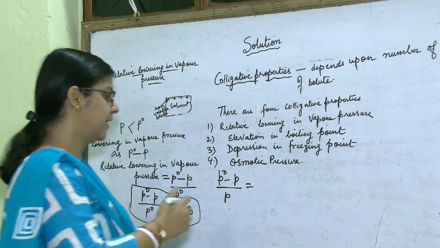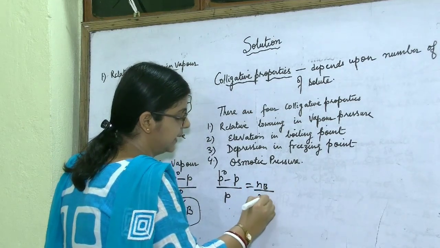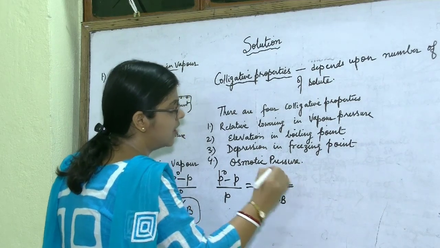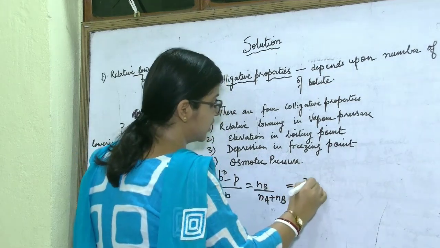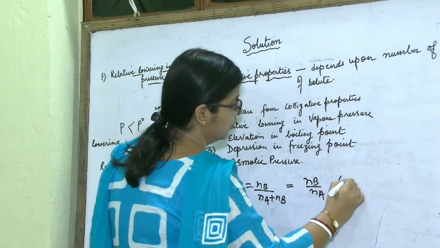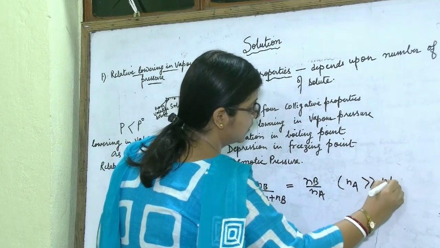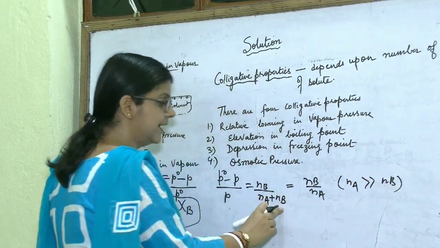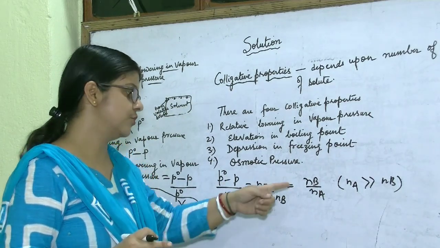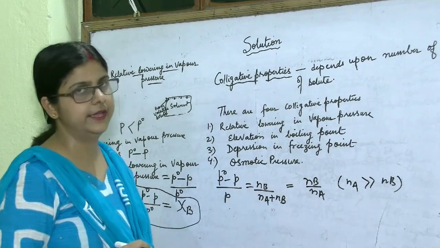So we can write XB equal to NB by NA plus NB. Now for a dilute solution, NA is much greater than NB, so we can neglect NB from the denominator, and XB is equal to NB by NA.